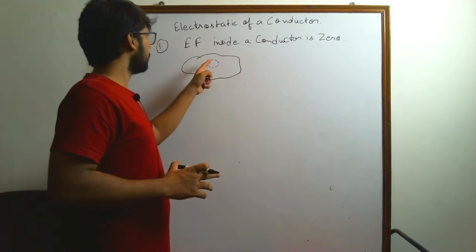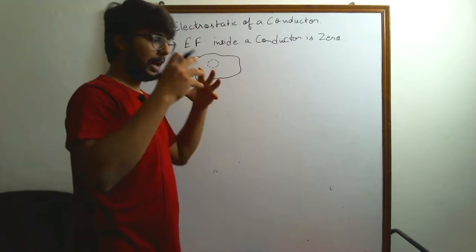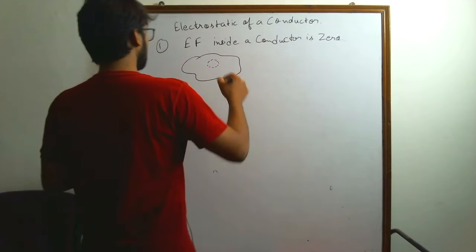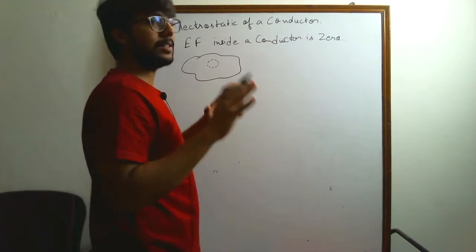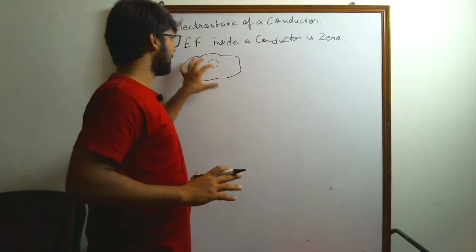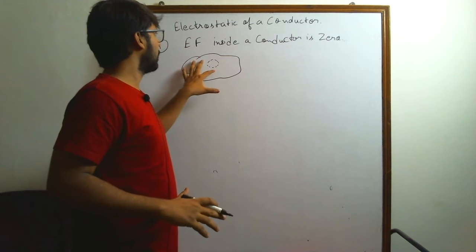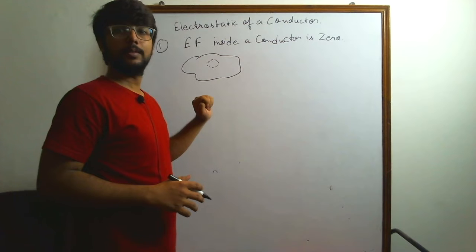Now, for an electrostatic field, that means at a static point when the charges have distributed themselves and everything has completely happened, it is stable, it is static, nothing is moving. That's when we are talking about. At that time there is no charge inside, right?